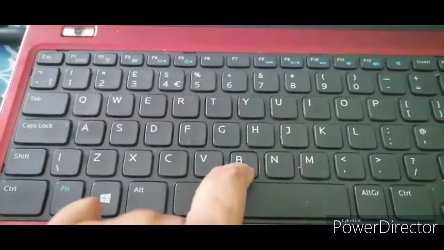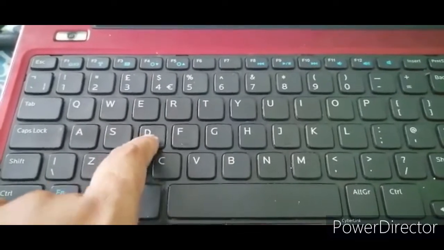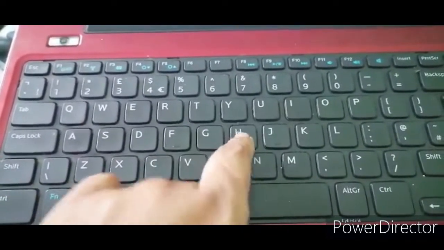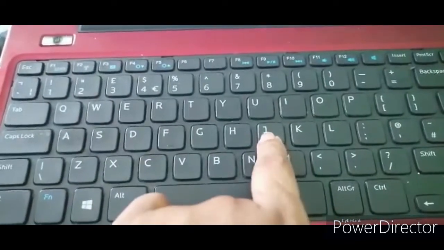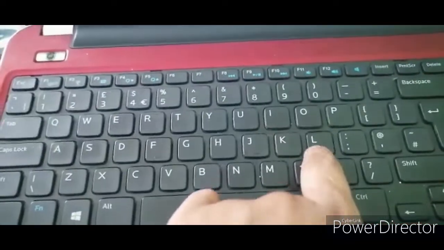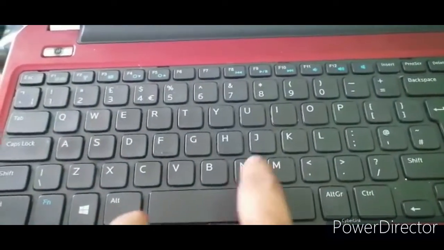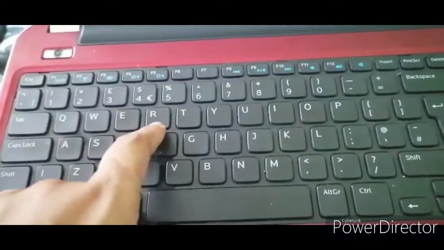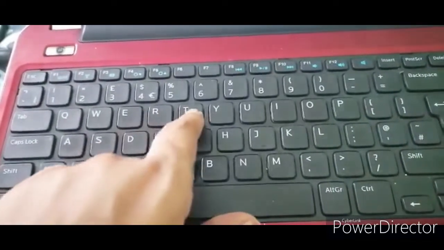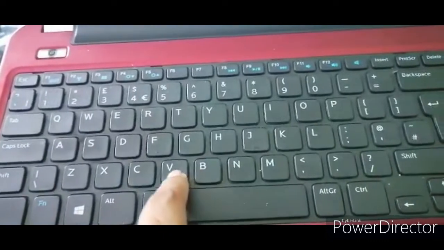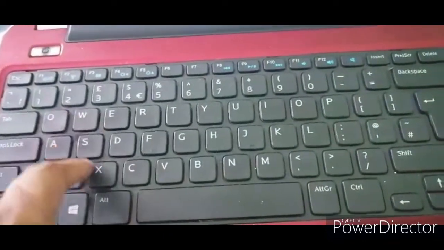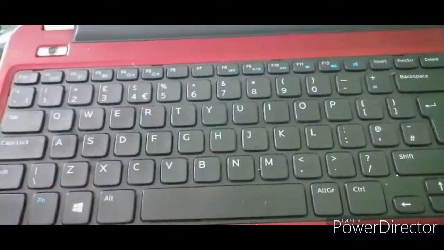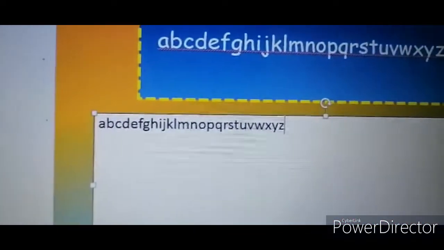A, B, C, D, E, F, G, H, I, J, K, L, M, N, O, P, Q, R, S, T, U, V, W, X, Y, and Z. And here is our answer.